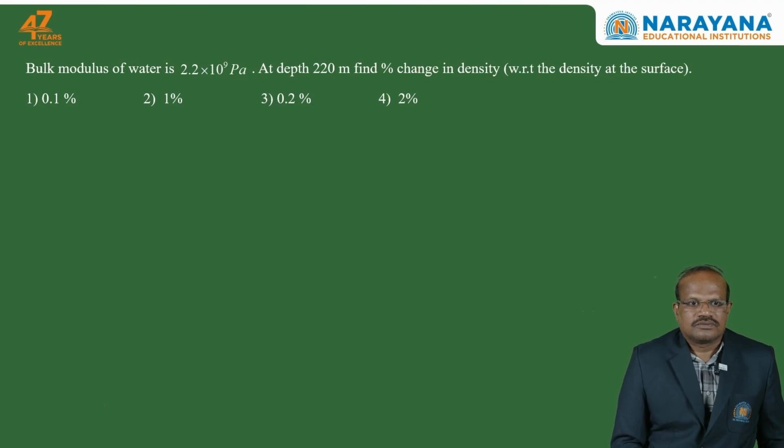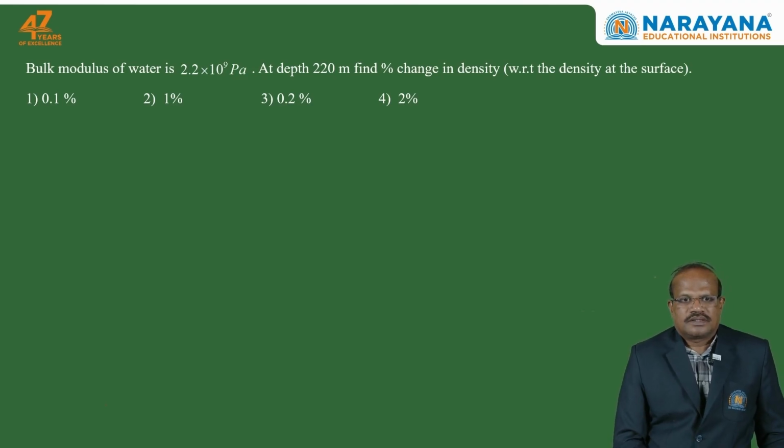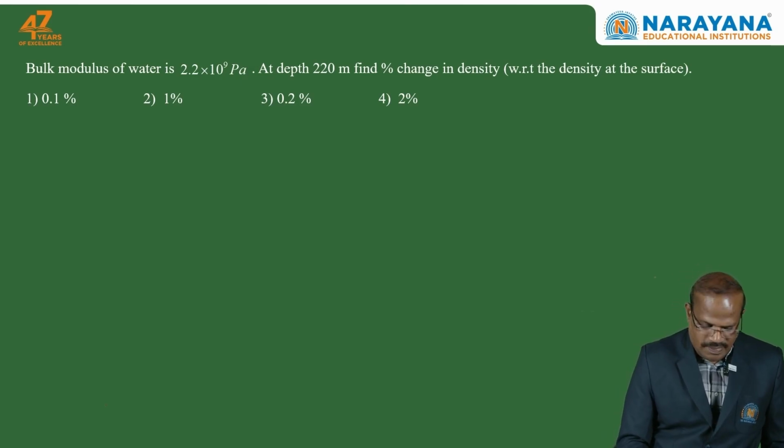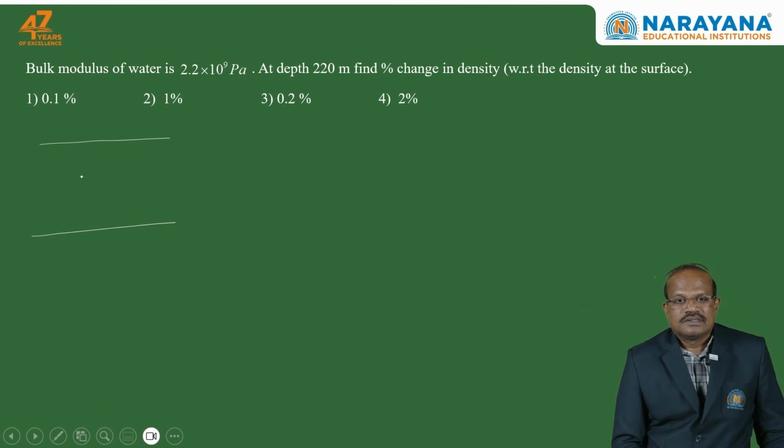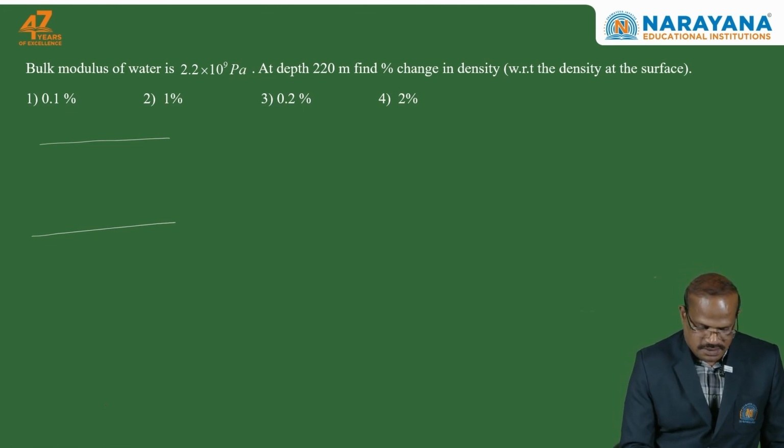Bulk modulus of water is 2.2 into 10 power 9 Pascal. At a depth of 220 meter, find the percentage change in density with respect to the density at the surface. Suppose you take water and go deep into it, the density goes on increasing.